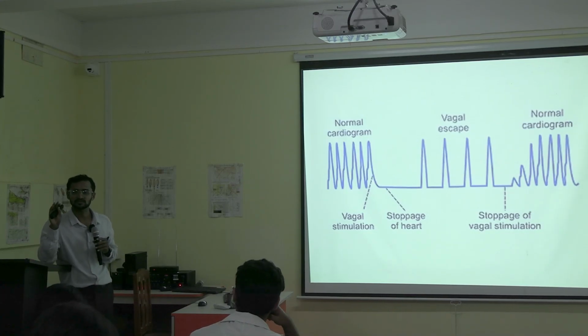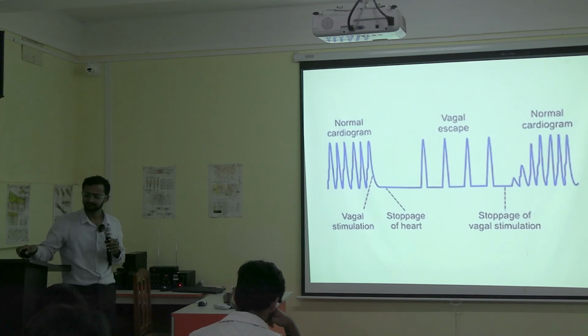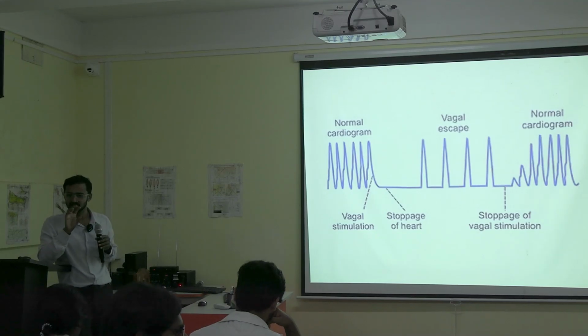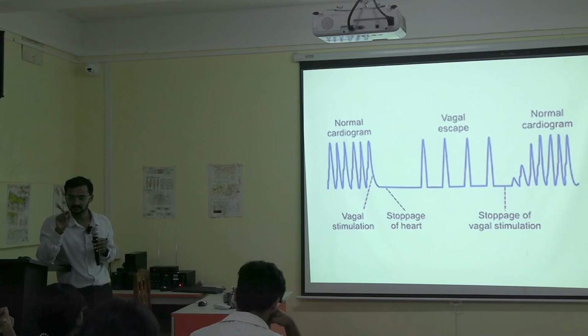Suppose you are giving a stimulus, when normally the heart is beating from the pacemaker. First it will systole and then it will diastole, so a contraction should be followed by relaxation. But if you give a second stimulus, there will be premature contraction.